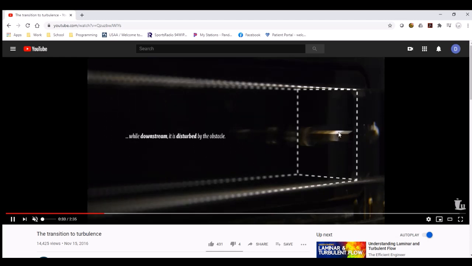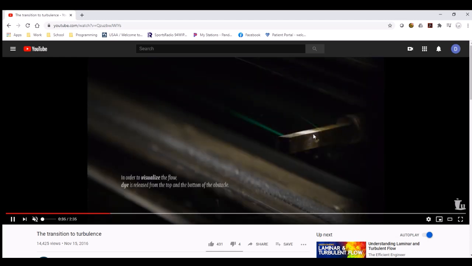Okay. Now, what happens is there's an obstruction here, right? And so there's a disturbed portion of the flow field here. But at slow flow fields, the Reynolds number is low, so the viscous forces are very high compared to the inertial forces. Okay. And as a consequence, any sort of perturbation that occurs at this obstruction damps out quickly.